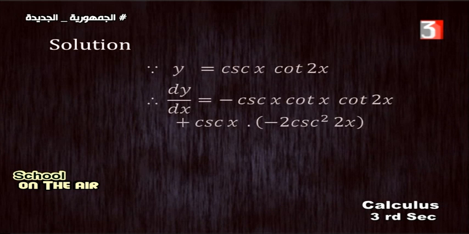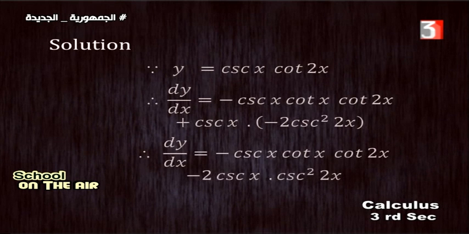Then the first derivative dy/dx equals the derivative of the first, cosec x, which equals negative cosec x cotan x, multiply the second function, cotan 2x, plus the first, cosec x, multiply the derivative of the second function, the derivative of cotan 2x, which equals negative 2 cosec to the power 2 2x.